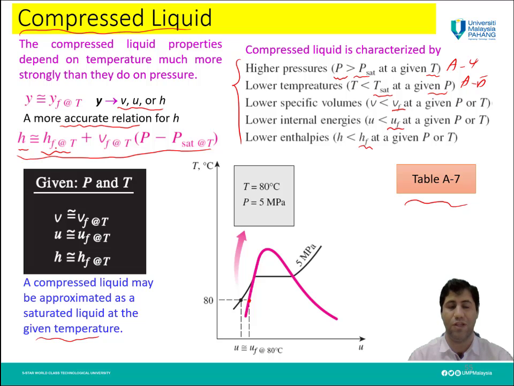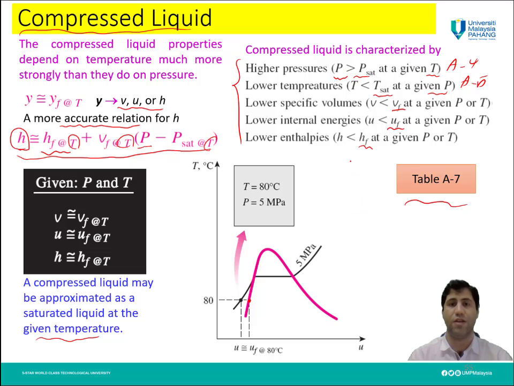So to use this equation we need the temperature, then go to table A4 or A5 and find this information, and P is given also. Then we can approximate H by this equation when it is in the compressed liquid region. We will see also an example of how to use the equation.